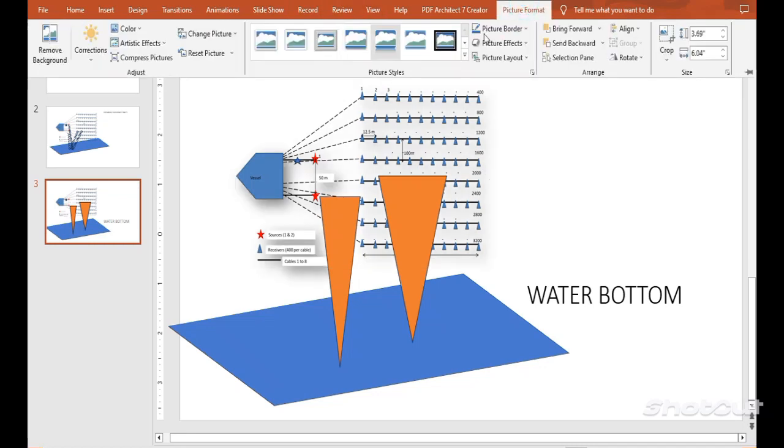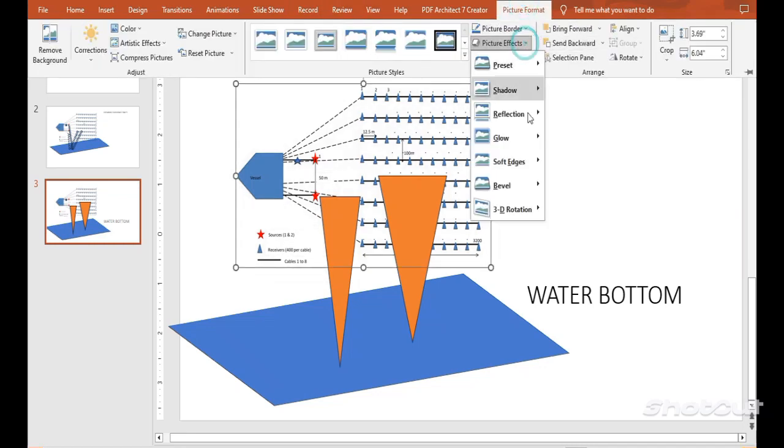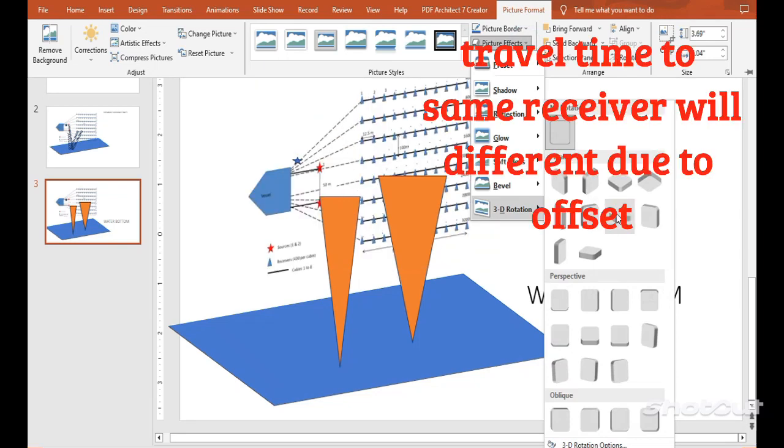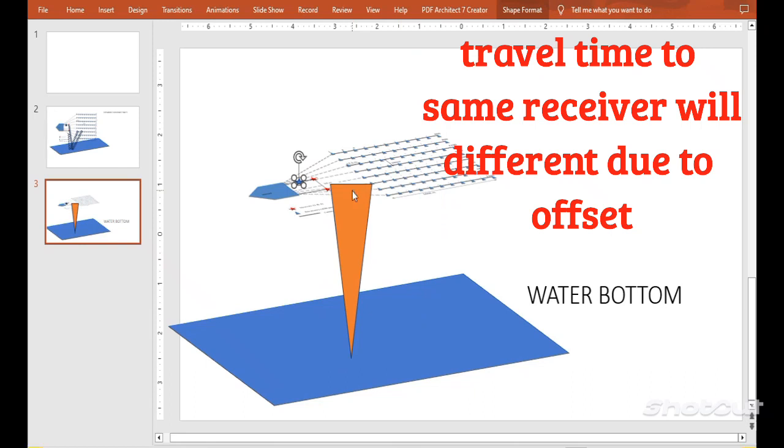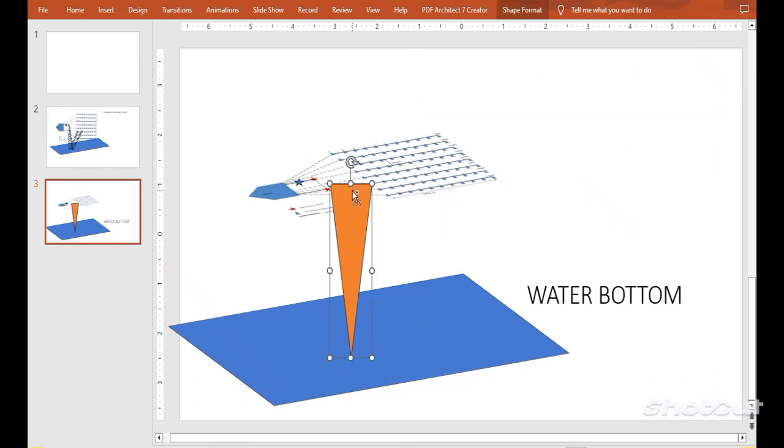Should I format it to a picture effect, 3D rotation? Yes, it's more like this that we are actually looking at. Let us use it to explain the subsurface tract. I hope I'm comprehensible. So it will mean from here to here.